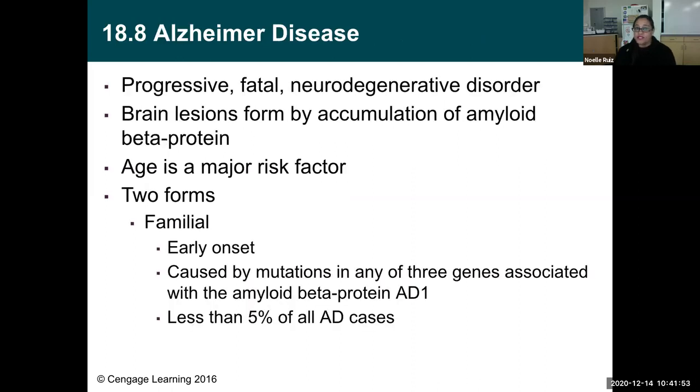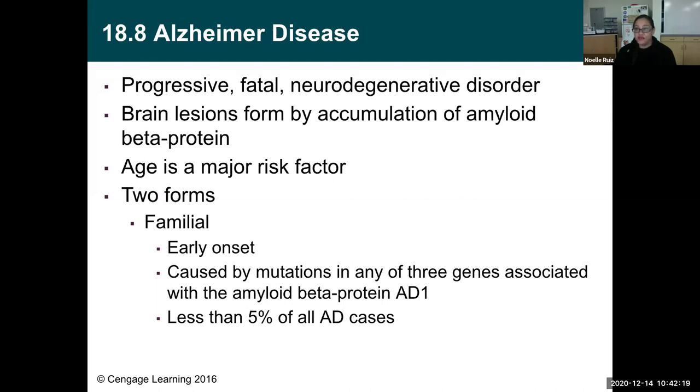Alzheimer's disease is a progressive, fatal neurodegenerative disorder. Neurodegenerative means your brain degenerates. Brain lesions are formed by the accumulation of an amyloid beta protein. Age is a major risk factor. This happens mostly in older people. There are two forms.